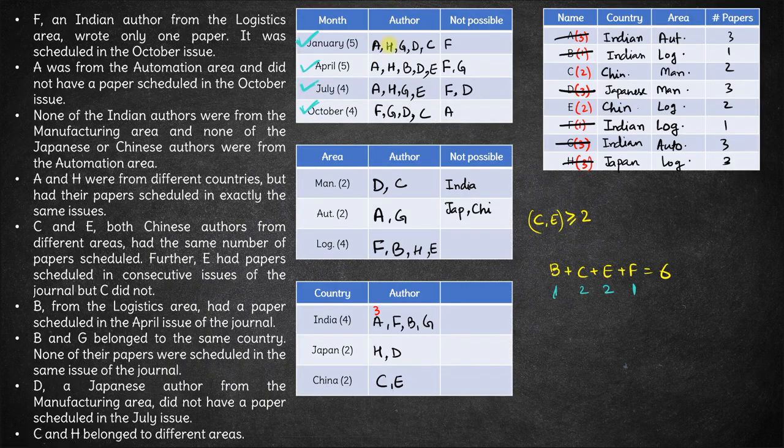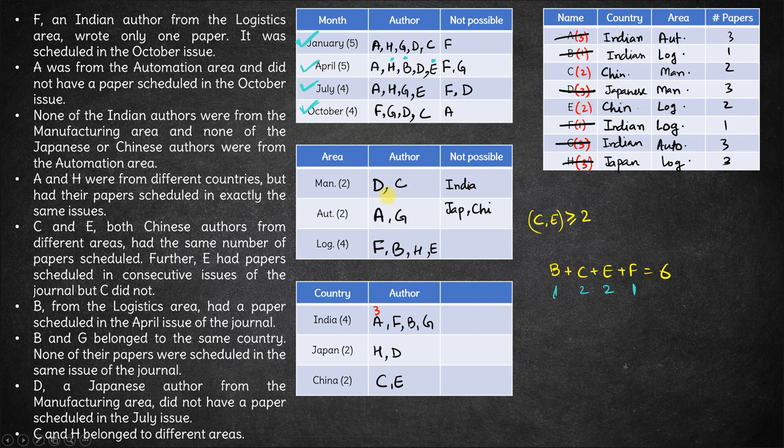Right. So now if you look at April, issues are by A, H, B, D, E. Out of these 5 people, F, we have B, H and E. They are all from the same area, logistics.